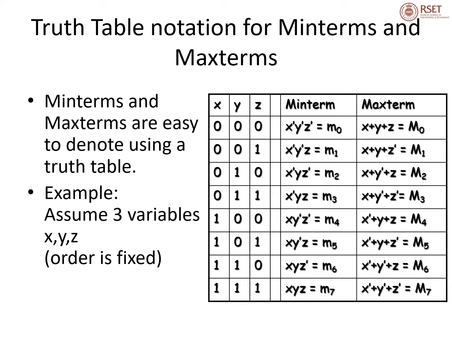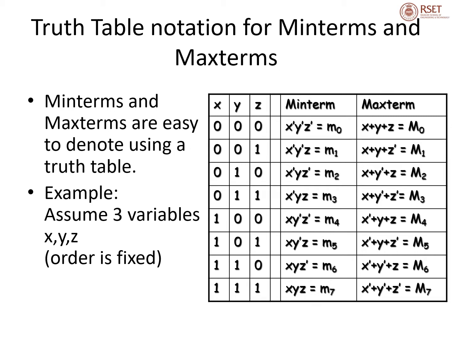So, 0, 0, 0 means the min term is, as 0 comes, the min term 0 is complemented. So, x complement, y complement, z complement is equal to small m 0. In the max term, when 0 comes, it is uncomplemented. So, it is x plus y plus z equals capital M0.